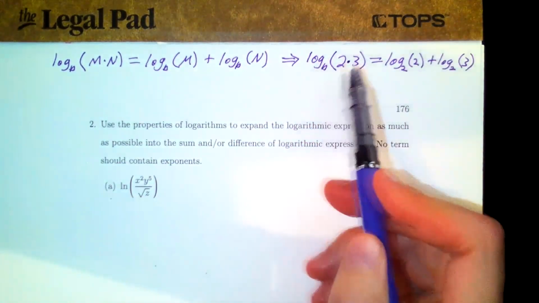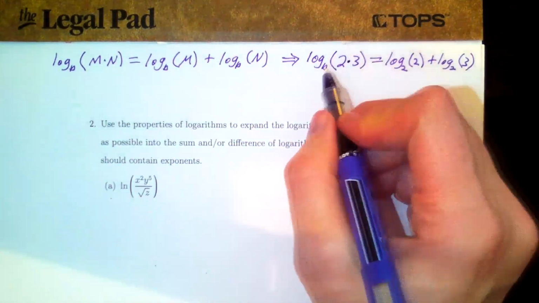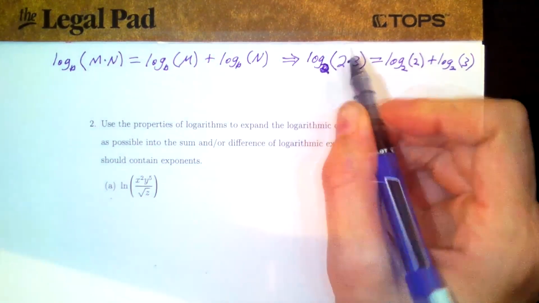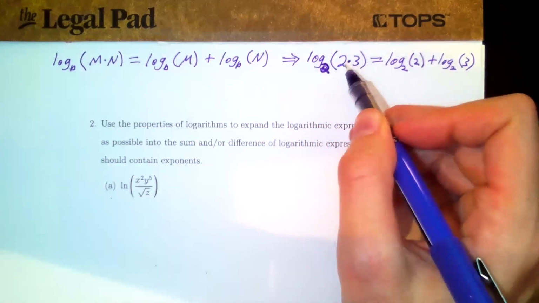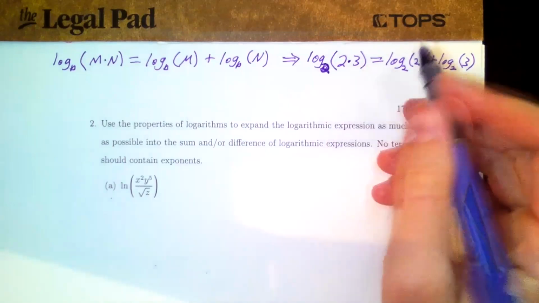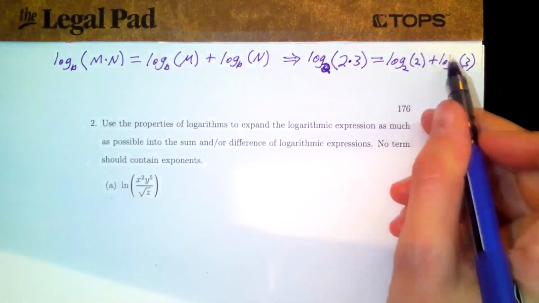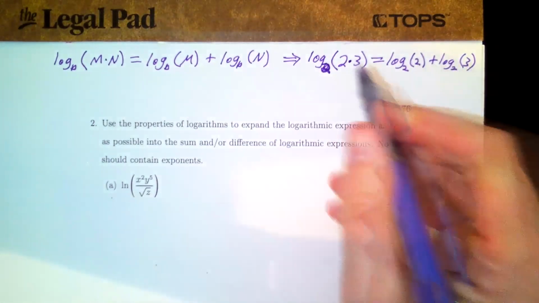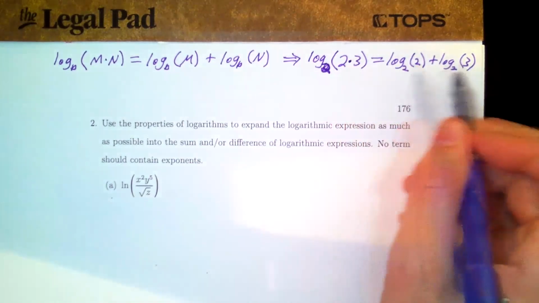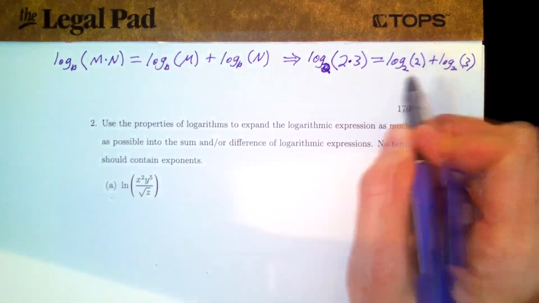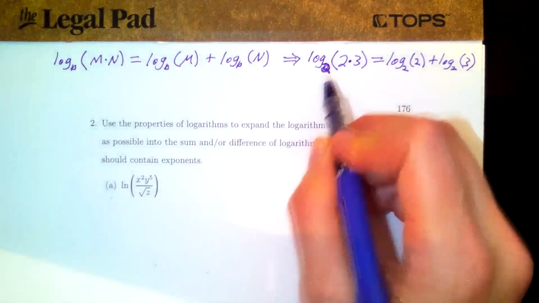Log base 2 of 2 times 3 equals log base 2 of 2 plus log base 2 of 3. You can split this up into two logs that are added. So this 2 kind of manifested because I copied it down. I meant this to be 2.